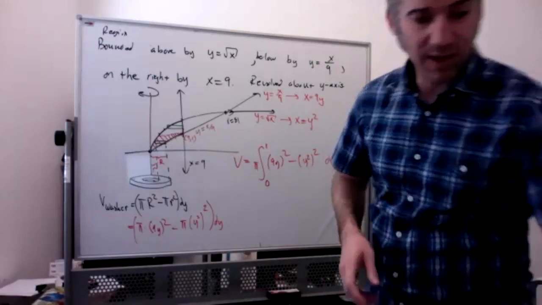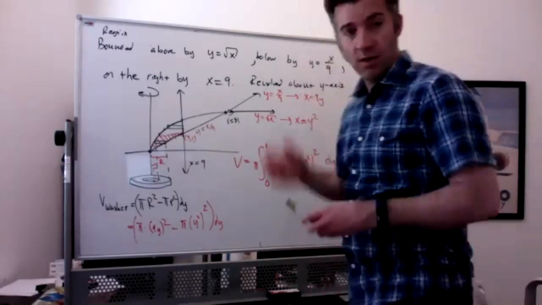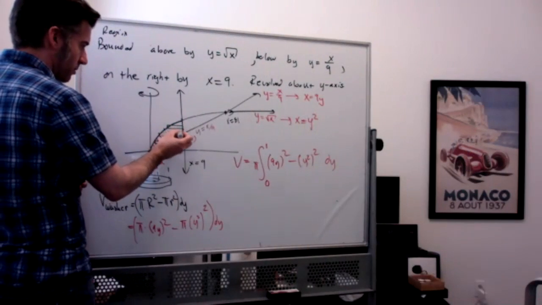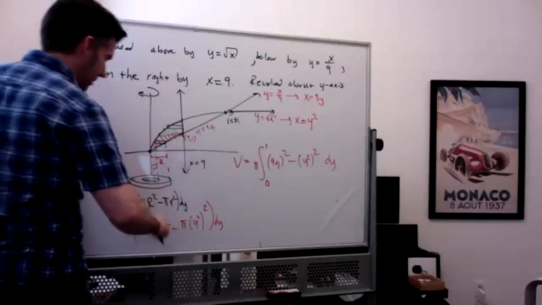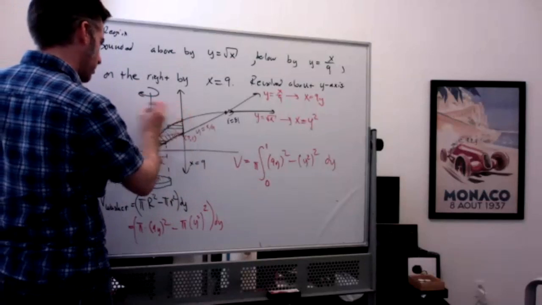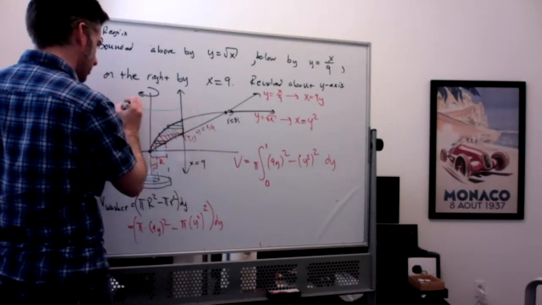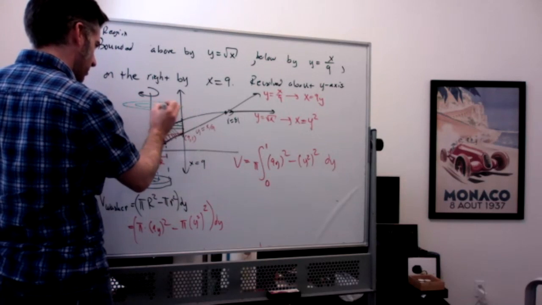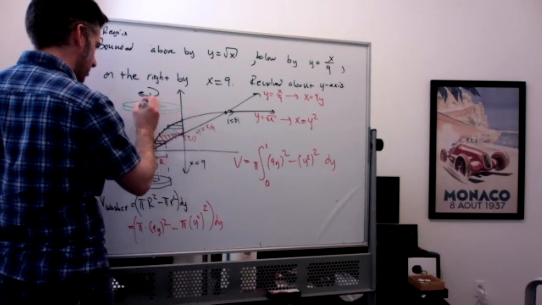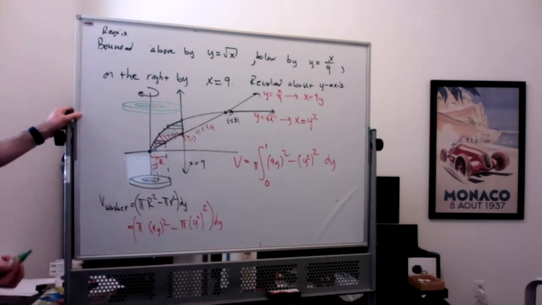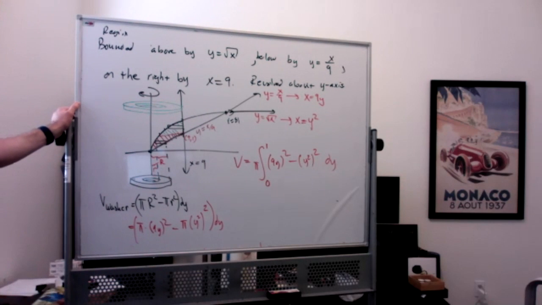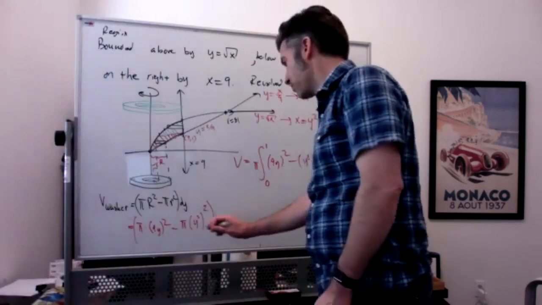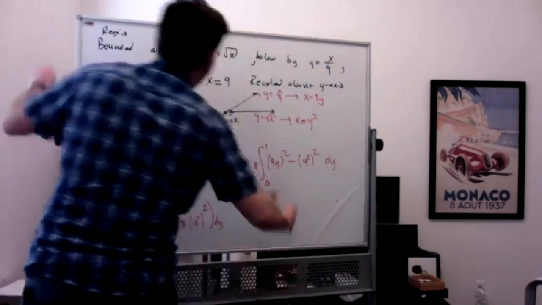Okay, then we have to do the other region. Right? We have this rectangle revolved around the y-axis, which is going to look like this washer. And that washer has a different outer radius.